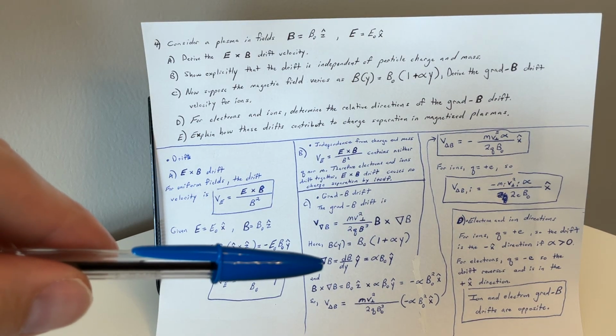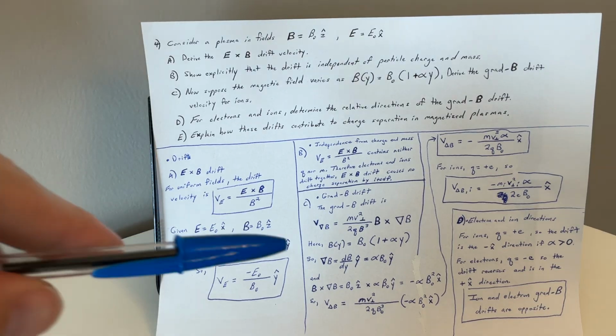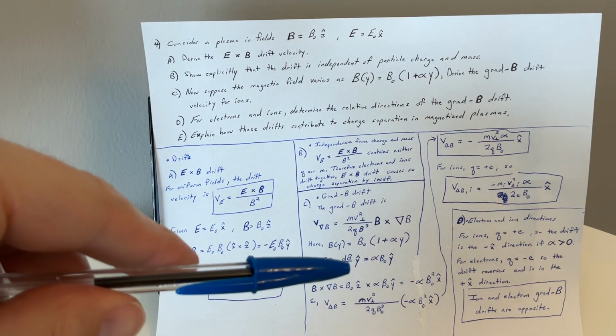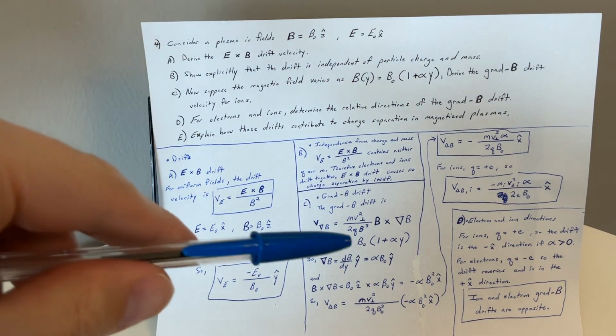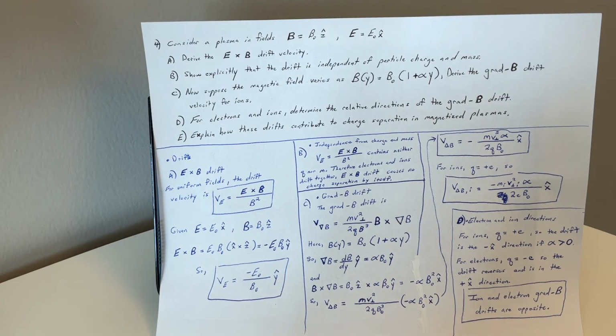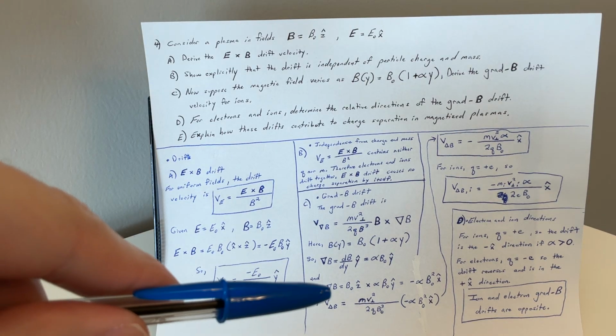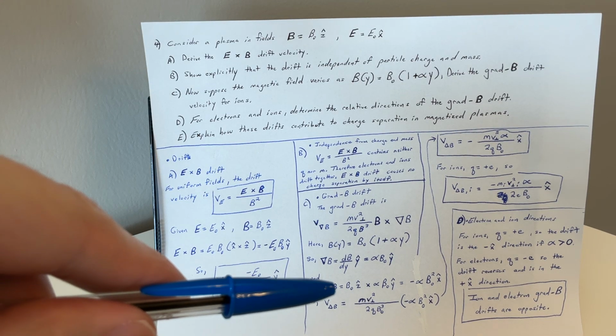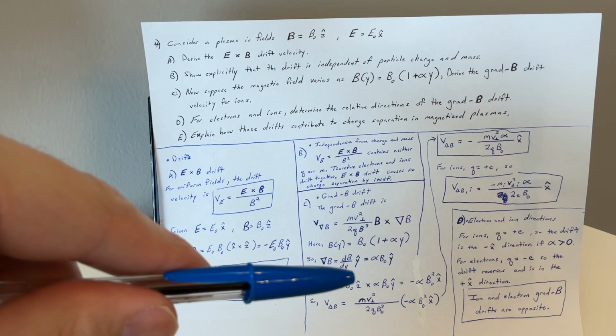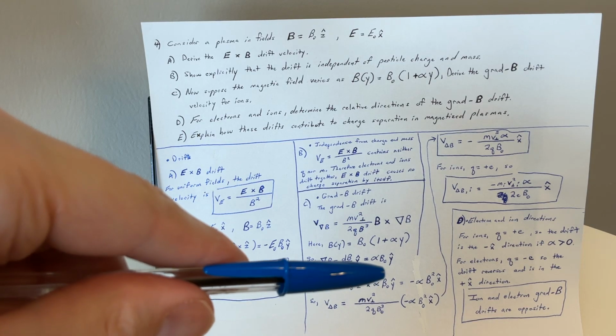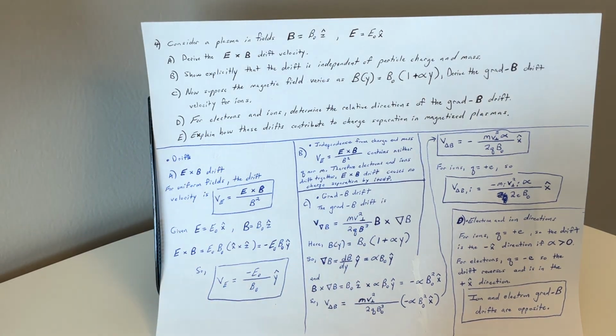So del B is dB/dy y hat, which equals alpha B_0 y hat, and B cross del B is B_0 Z hat crossed with alpha B_0 Y hat. So that's going to yield negative alpha B_0 squared X hat.